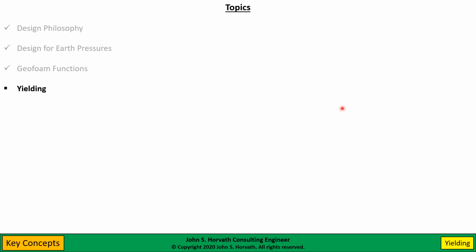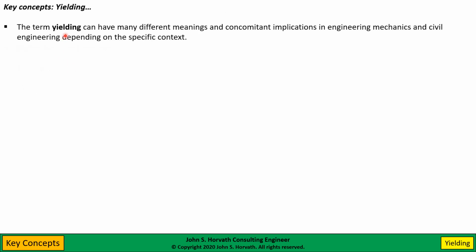The last topic I want to talk about in this segment on key concepts is yielding. The term yielding has many different meanings and associated implications in engineering mechanics and civil engineering that depend on the specific context.